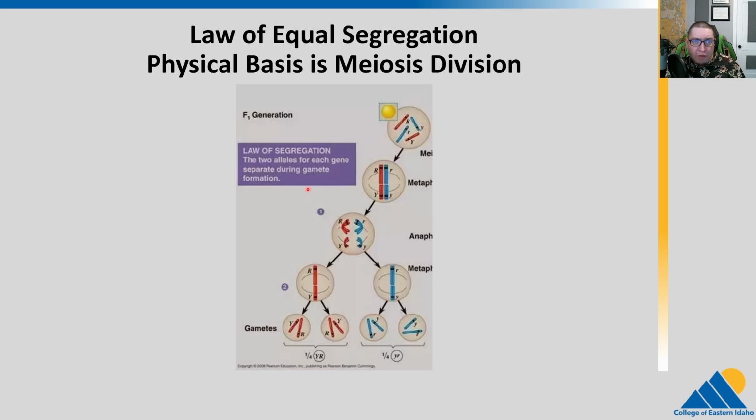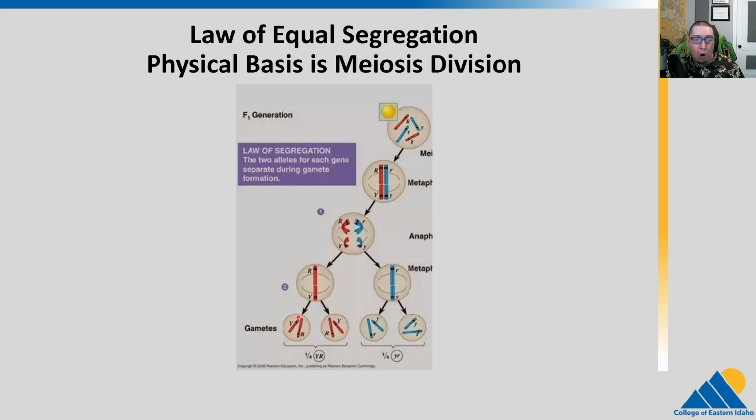So here's the law of equal segregation and its basis in meiosis. In meiosis, right, we have the chromosomes pairing up. Here we have the sister chromatids, the homologous chromosomes paired up, and the homologous chromosomes get pulled apart. What equal segregation is saying is that getting a big R is equally likely as getting a little r for this gene, right?